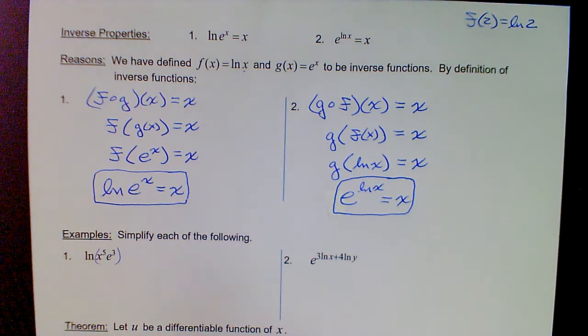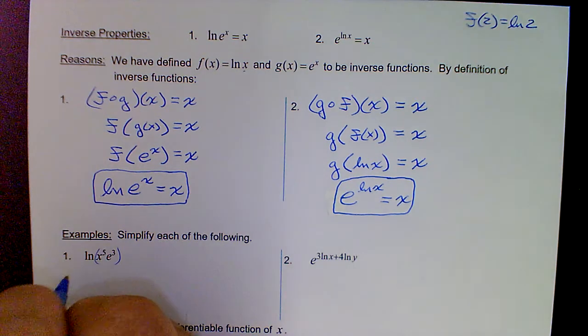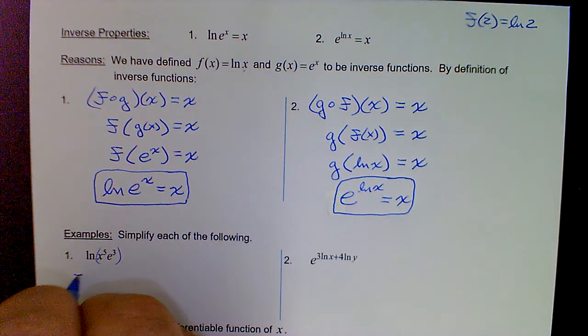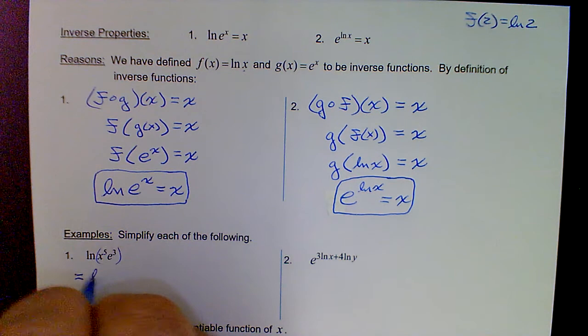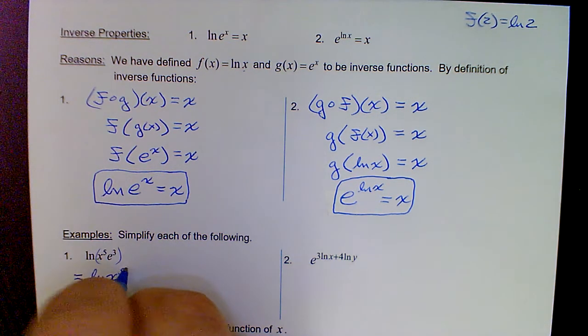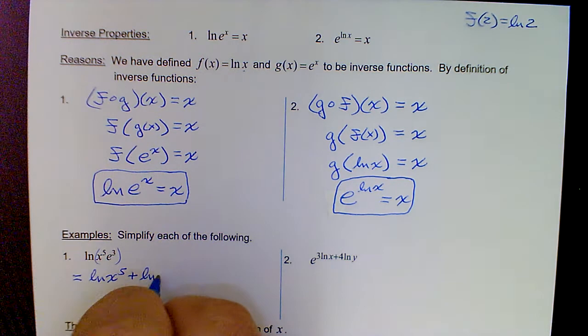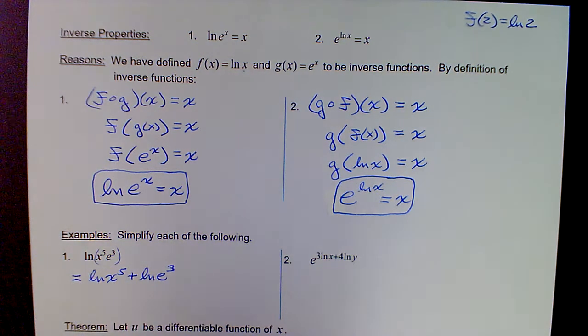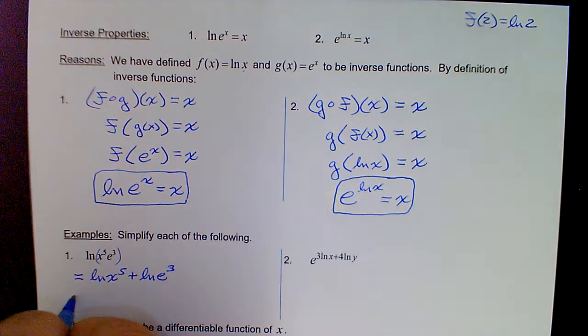You could put parentheses around that if you like. And to simplify, we could use our algebraic log properties, the first of which is the log of a product. And so we'd have the natural log of x to the 5th plus the natural log of e cubed. But then we can go further with the inverse properties.